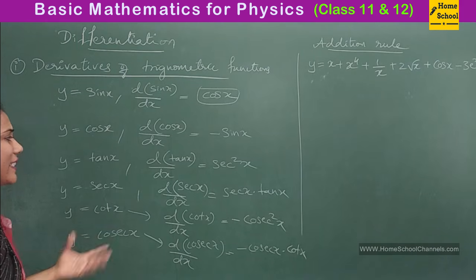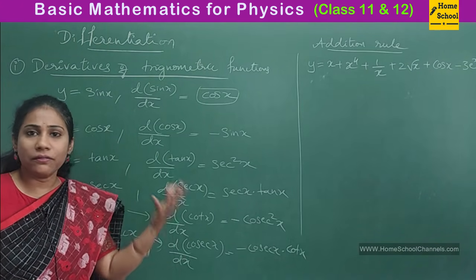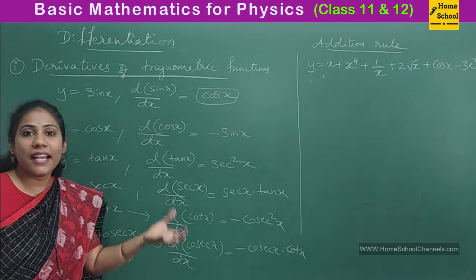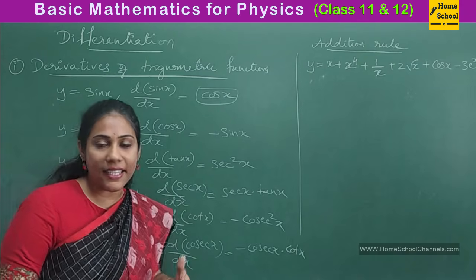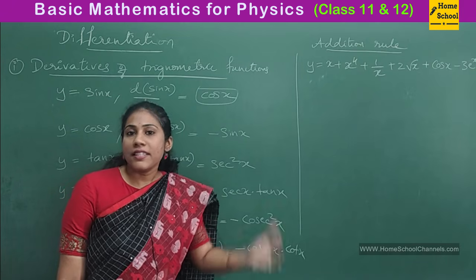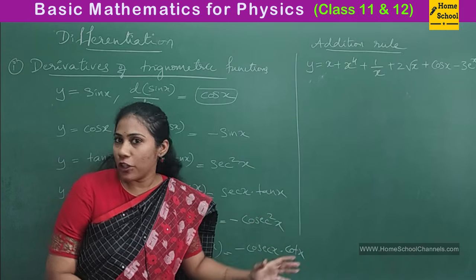Along with that, you need the basic idea of trigonometry, like standard values of trigonometric functions: sine 0, sine 90, sine 45, sine 60, cos 0, cos 90, cos 45. I think you must have studied all these values in your basic classes.